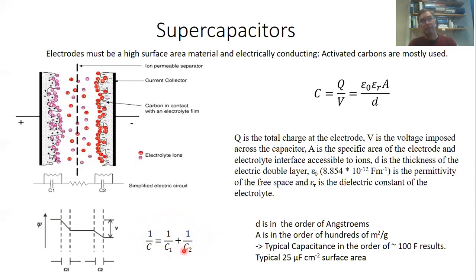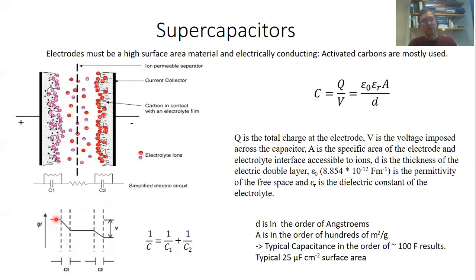And this formula represents the formula for capacitors which are in series relative to each other. Okay, so here we see how the potential drops across the capacitor.